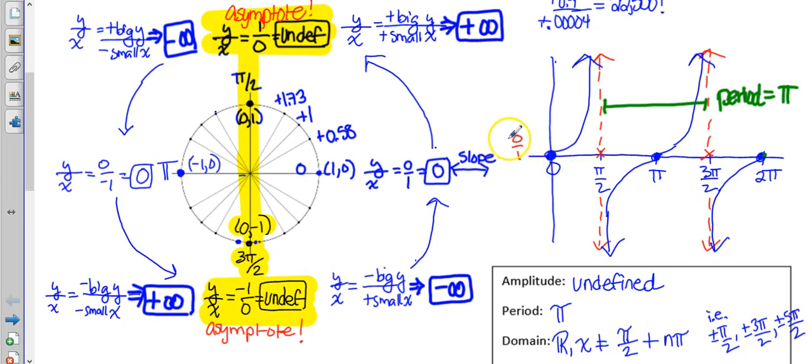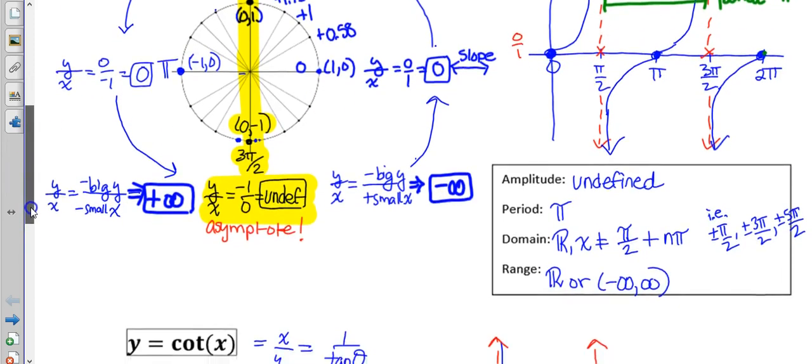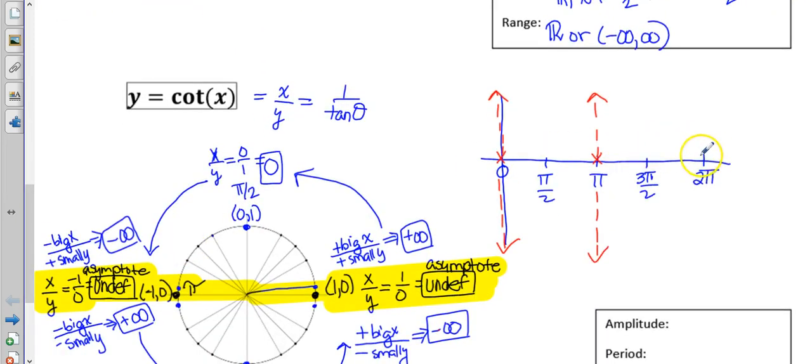So when I take the reciprocal of that value, it becomes 1 divided by 0. So each of these x-intercepts, when we now graph cotangent, become the asymptotes. The x-intercepts of tangent become the asymptotes of cotangent.